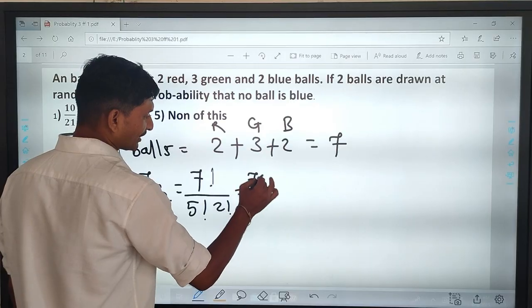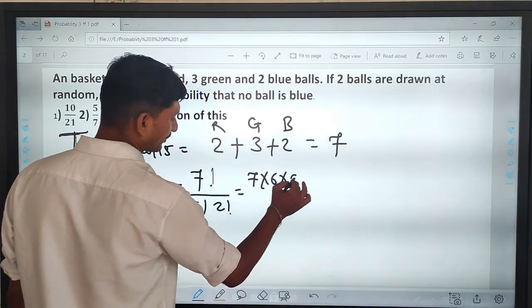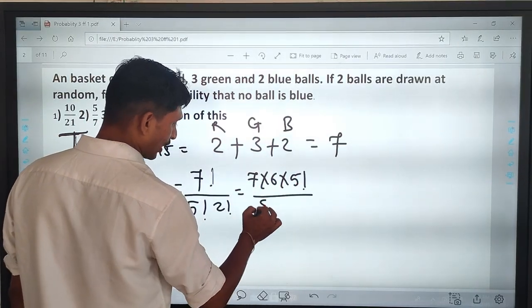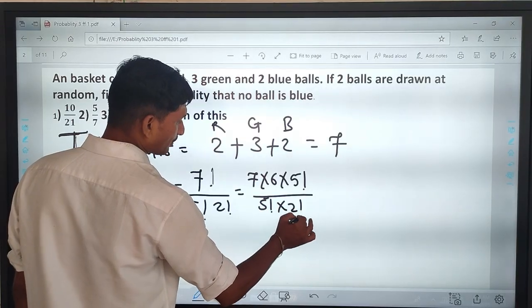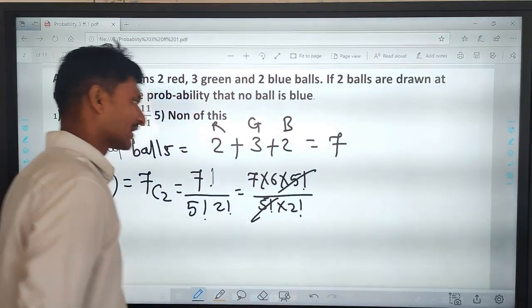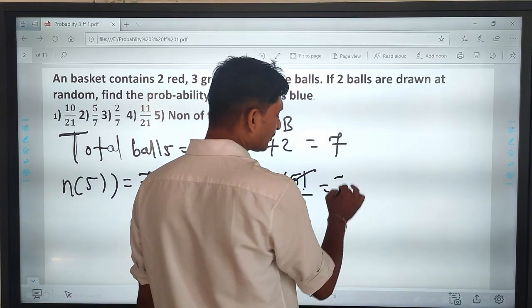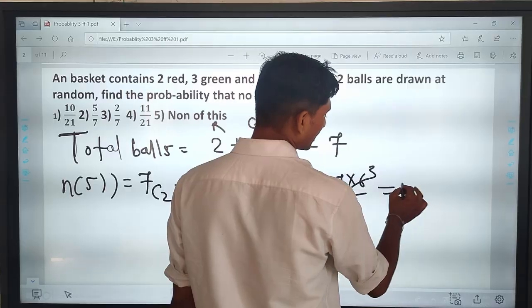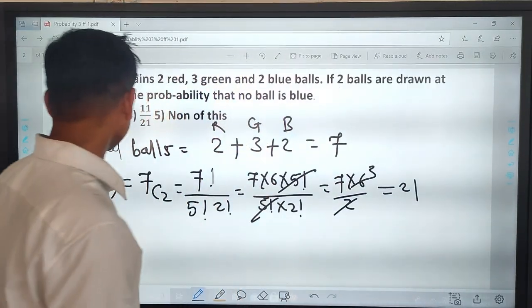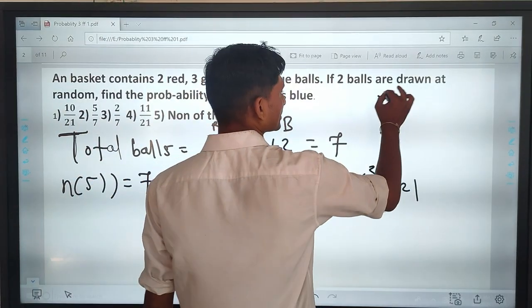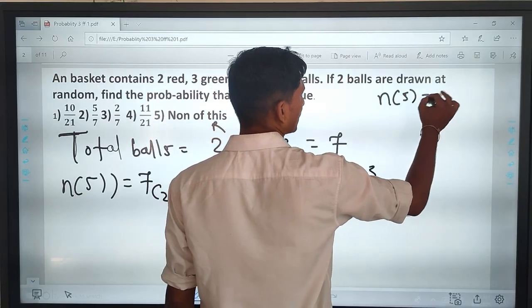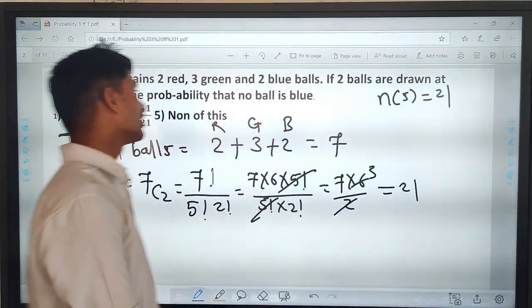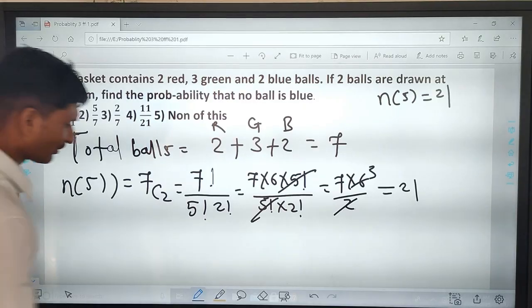Here we write 7 into 6 into 5 factorial divided by 5 factorial into 2 factorial. 5 factorial gets cancelled. Here 7 into 6 divided by 2. Then n of S is equal to 21. Then we find n of A.